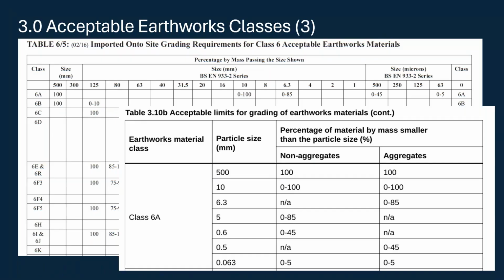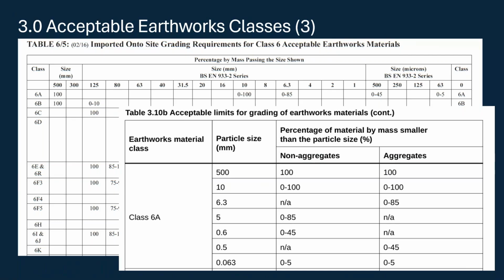There is a slight difference here, and this initially threw me when I looked at it and thought, well, what's a non-aggregate? Aren't they all gravels and made of minerals, etc.? Well, it actually relates to the standards under which the materials are assessed.